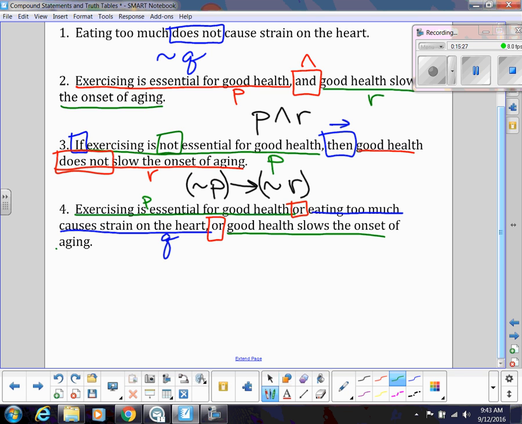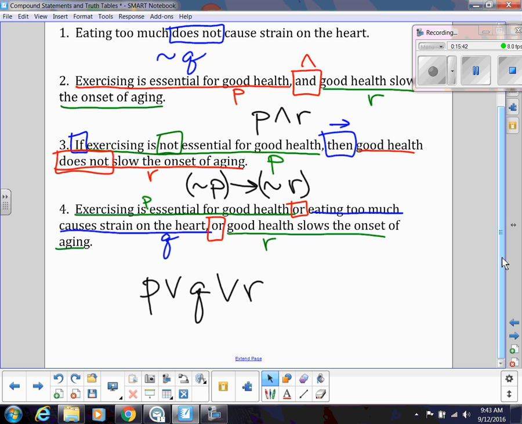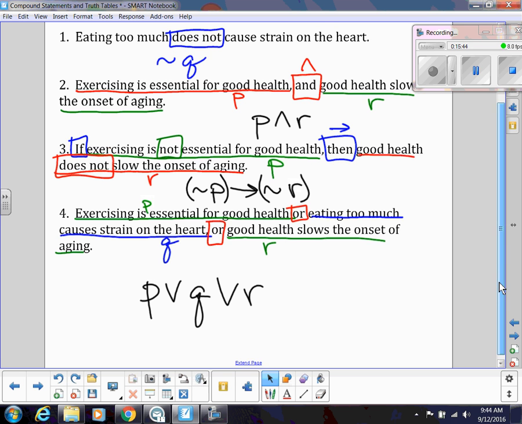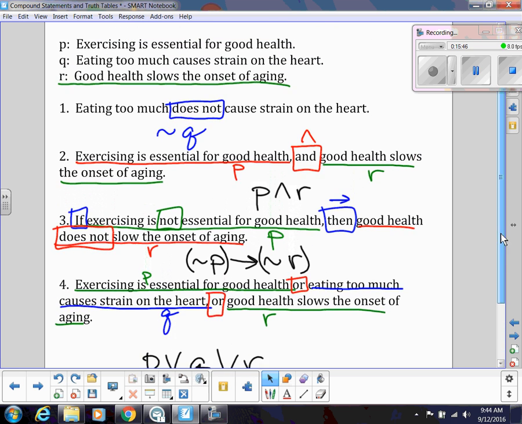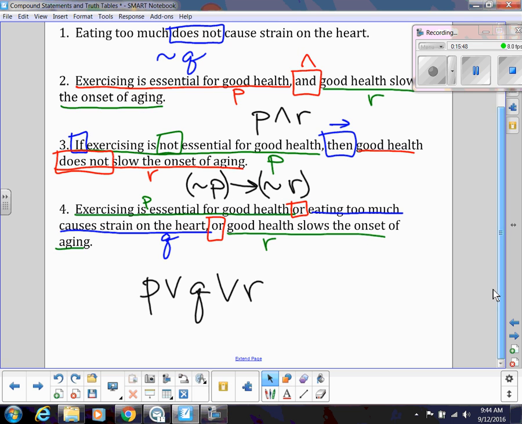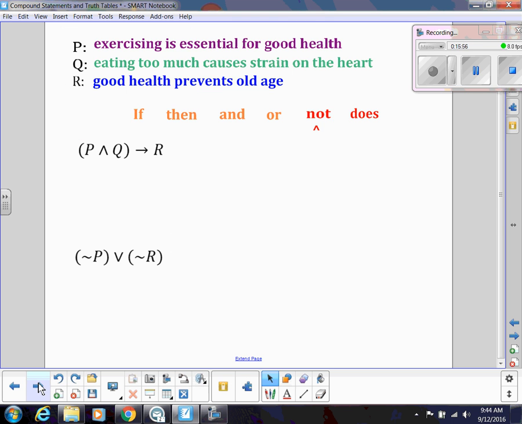R. So notice I have two connectors because I had three different statements. So that's going to look like P or Q or R. So that's a very long compound statement. All of these are just ways that we can simplify statements or analyze them using symbols so that we're not writing these very, very long statements all the time.